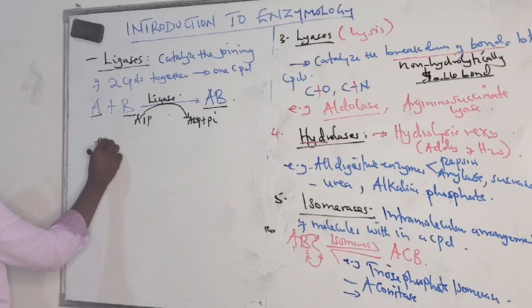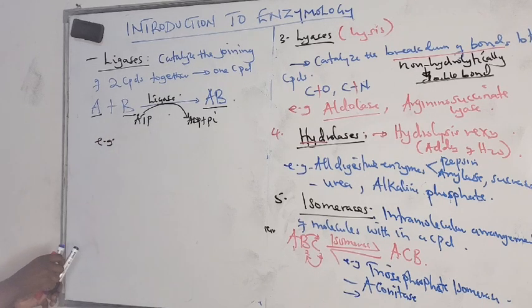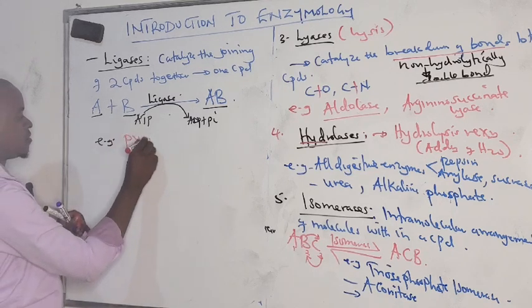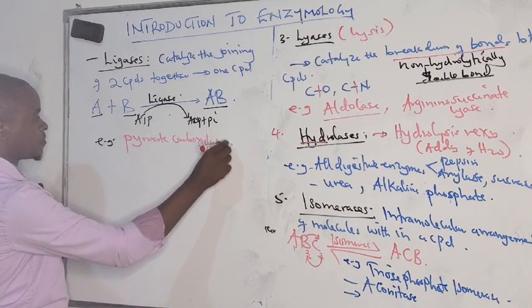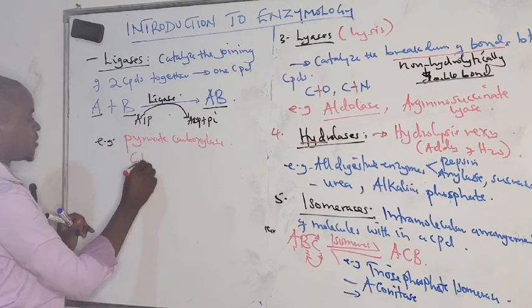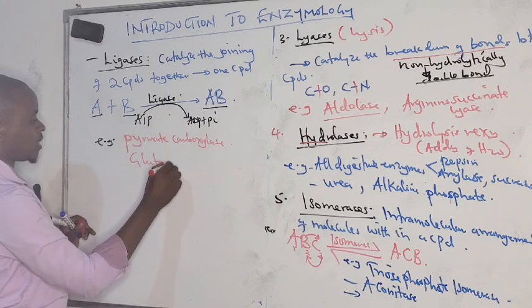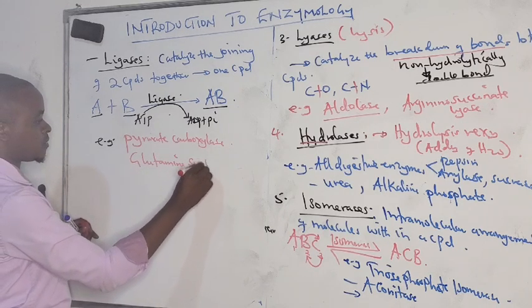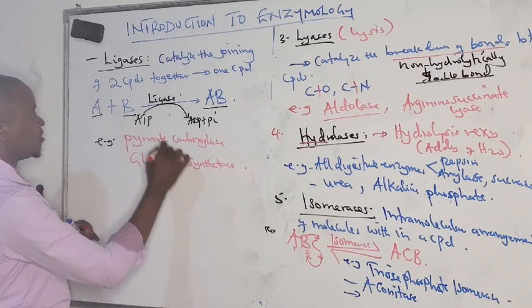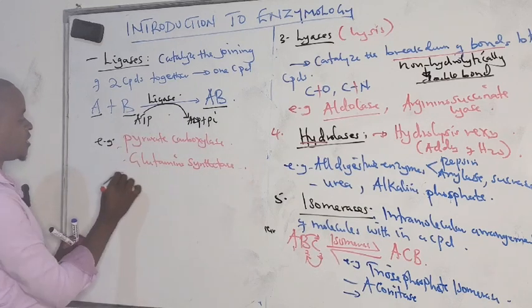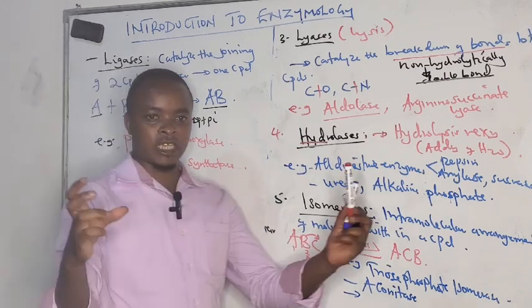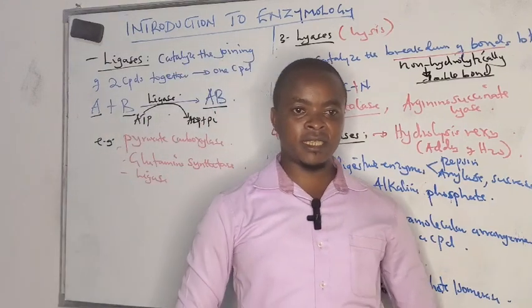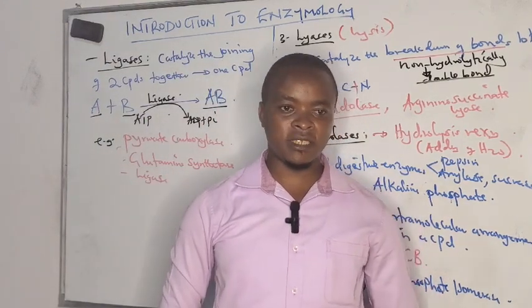Examples of these enzymes are pyruvate carboxylase and glutamine synthetase, and not forgetting the ligase enzyme in DNA, which joins the two strands of DNA together. It is also part of the ligases.